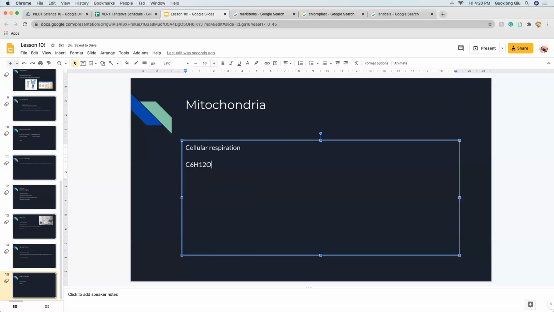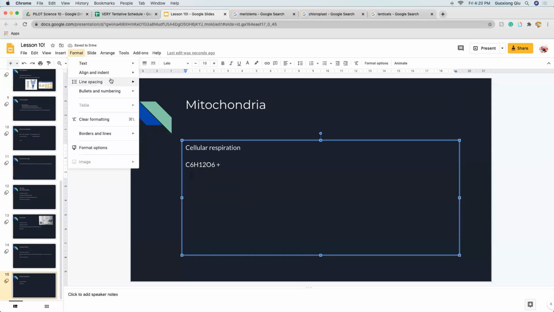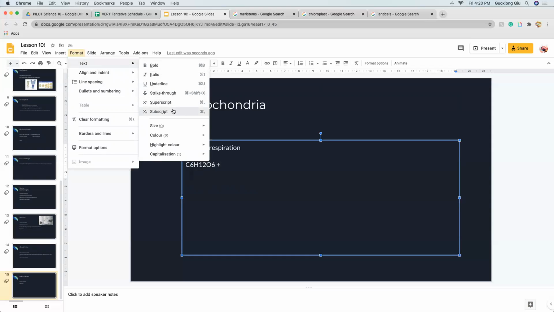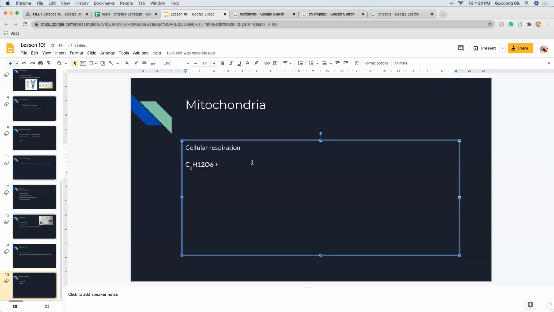C6H12O6 plus 6O2. By the way, the numbers should be in subscript, but it's too much work to turn it into subscript every single time. So I'm gonna type it out like this. I'm taking too long to write this formula. This should be an arrow.